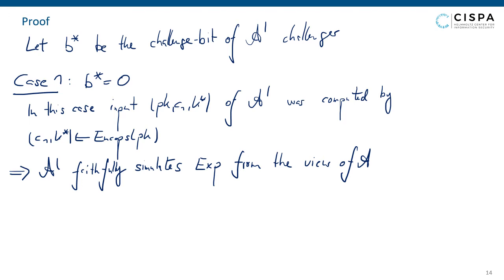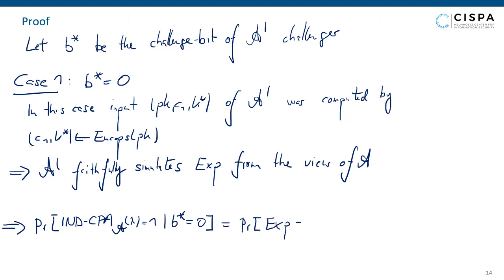And this means that the probability that our A prime wins the IND-CPA experiment, A equals 1 conditioned on B asterisk equals 0, is the same as, well, probability exp equals 0, which is the probability that A loses the IND-CPA experiment, right?